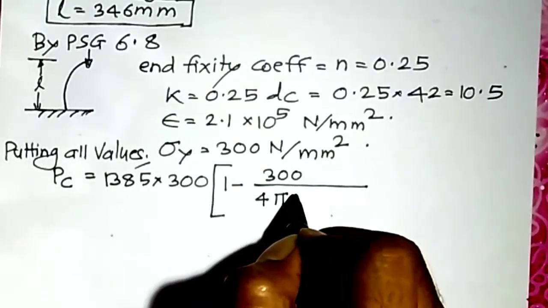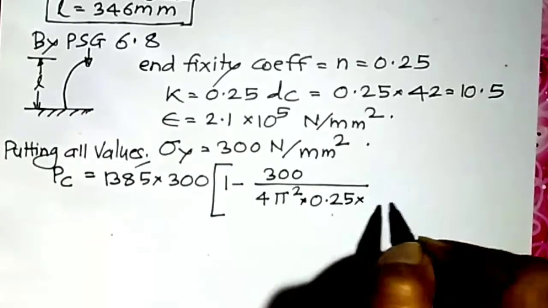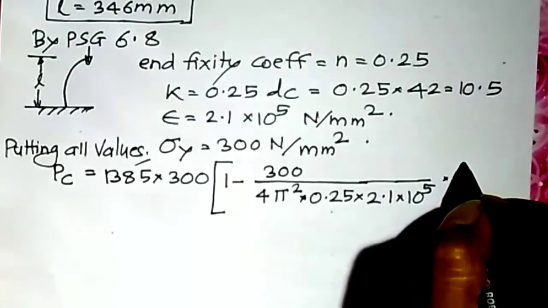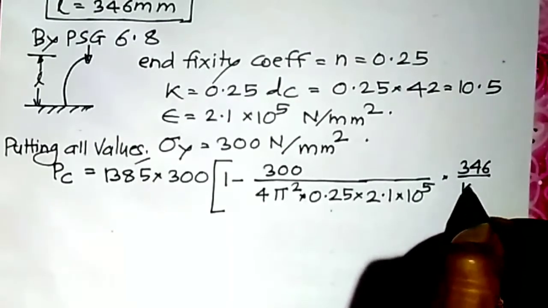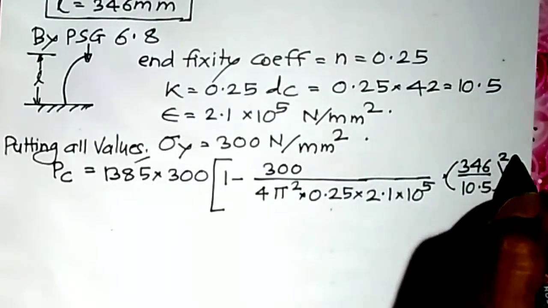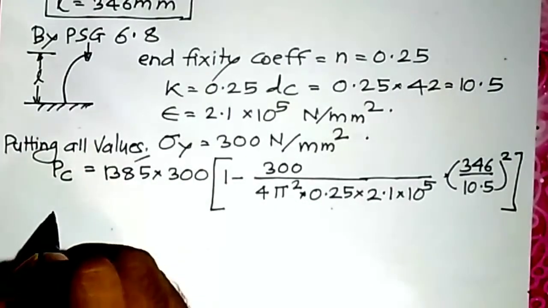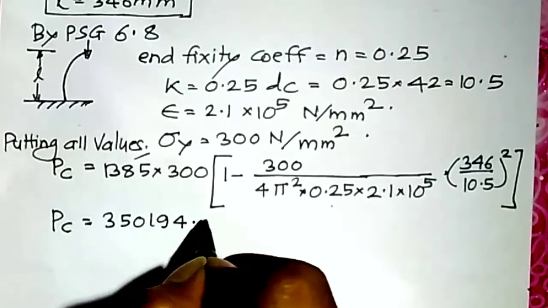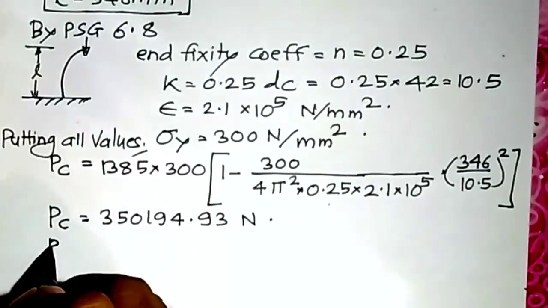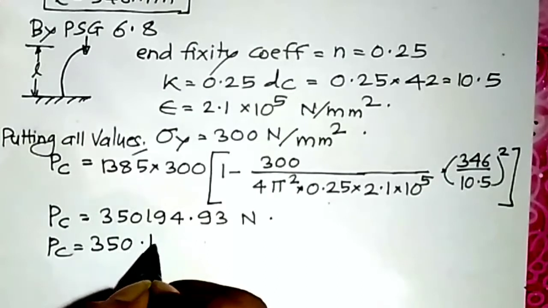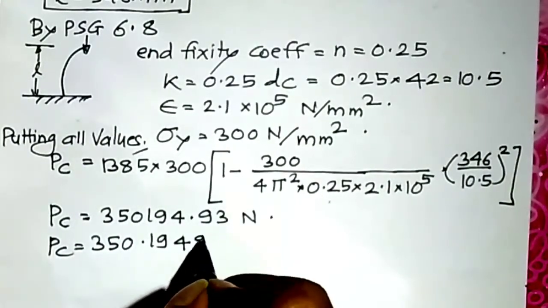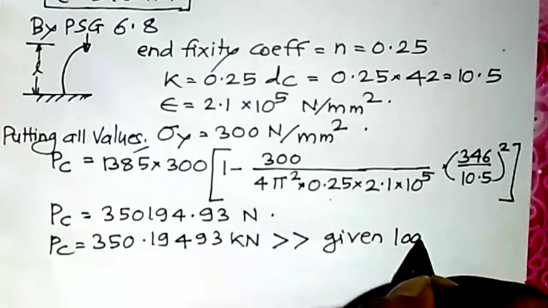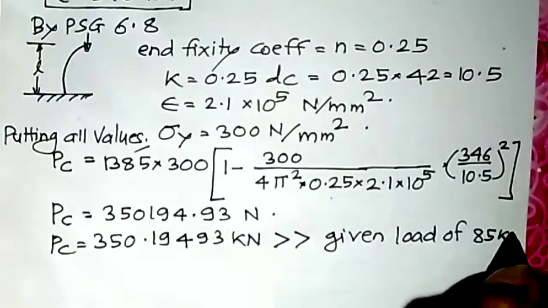Putting all the values, PC comes out to be, and this PC should be, means buckling limit or the load at which buckling will happen or the screw will buckle or cripple, that load should be much more than the load to which this screw jack is subjected to. So screw jack is subjected to 85 kilonewton, and if crippling load comes out to be more than 85, means the screw is safe in buckling.